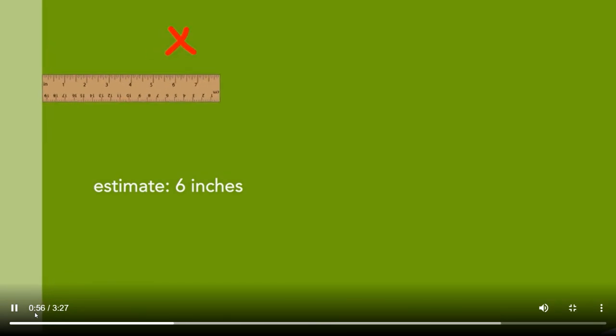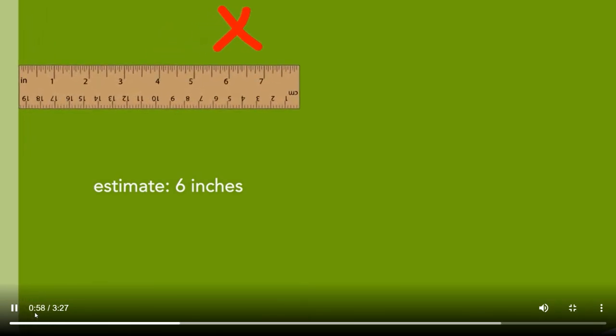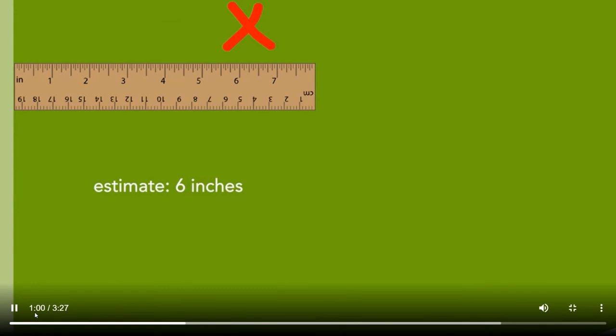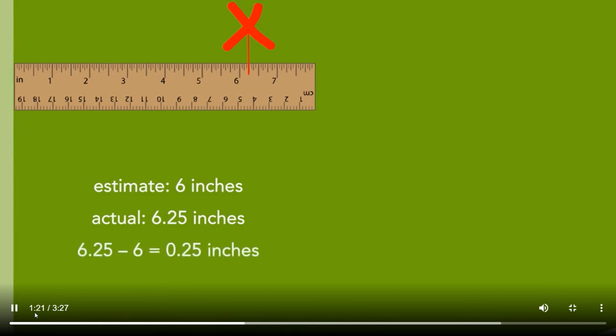Let's go to the Super Zoomy Cam for a closer look. The actual measurement is a decimal number. Yeah, you can see it right here. That Nescobar is actually 6.25 inches away from the goal line. Love that Super Zoomy Cam. I estimated the ball was 6 inches away, but the actual measurement, measured by a ruler for the first time ever in a football game, mind you, is 0.25 inches off of my estimated measurement.